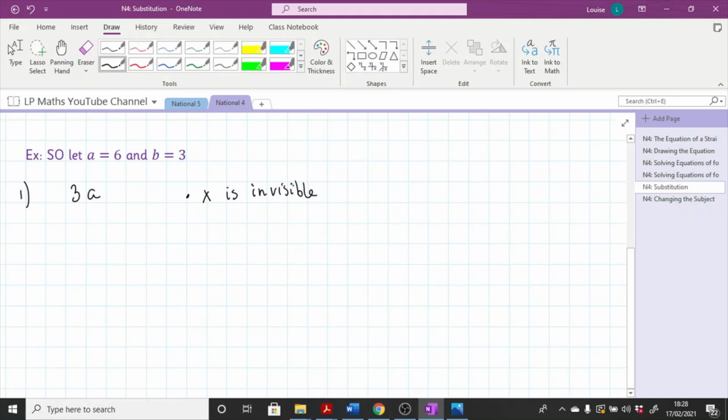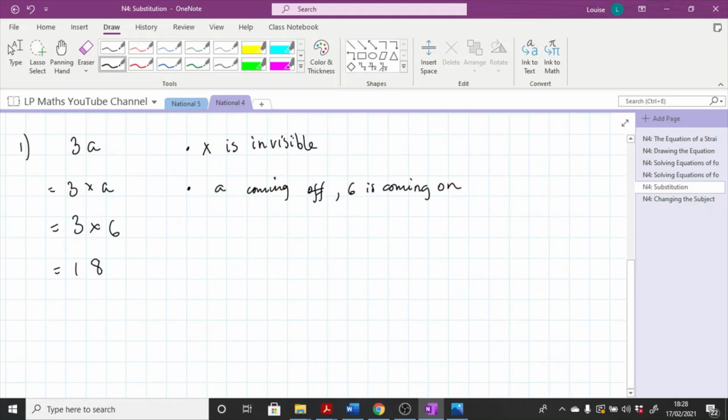You might want to put it in underneath just so you're absolutely clear on what 3A represents. Now what we're going to do is A is coming off and 6 is coming on. So 3 times, A's gone off, what's going in its place is 6, so what you get is 18.